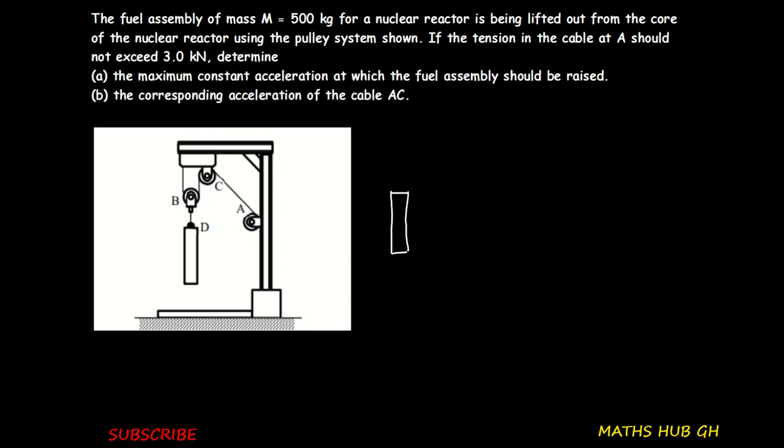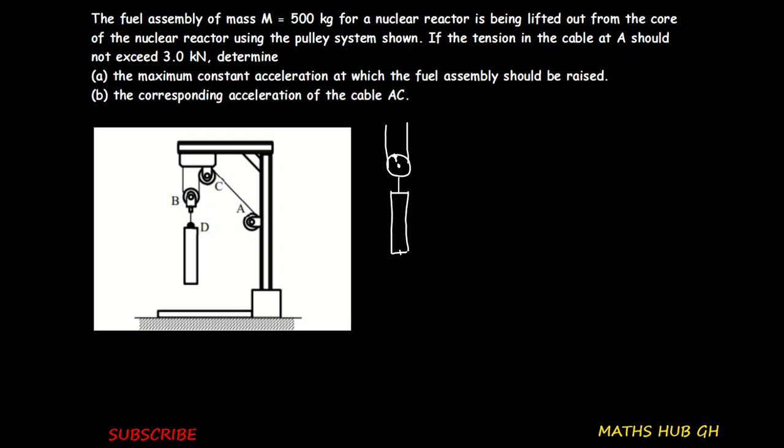So that's the full assembly, and then we have a pulley here, and then we have the cable around the pulley. Let me redraw this. So this is the pulley, and then we have cables around the pulley. Okay, so this is what we have.